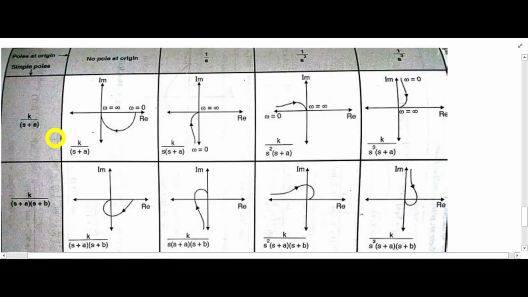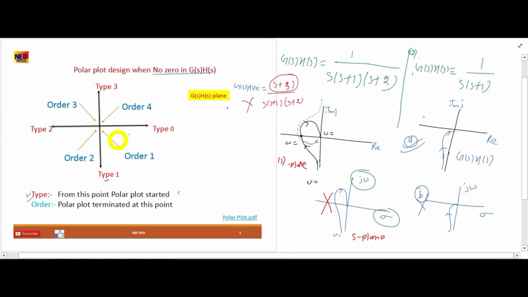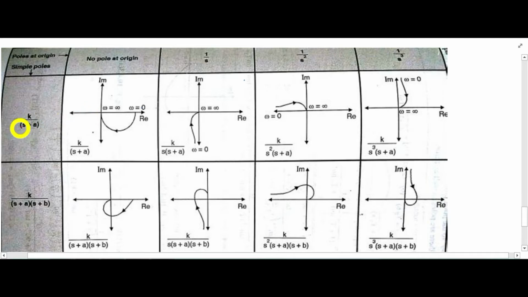Now see here, this is the function K divided by S plus a. Now there is no 0, means we can use this concept here. What is the type of this system?